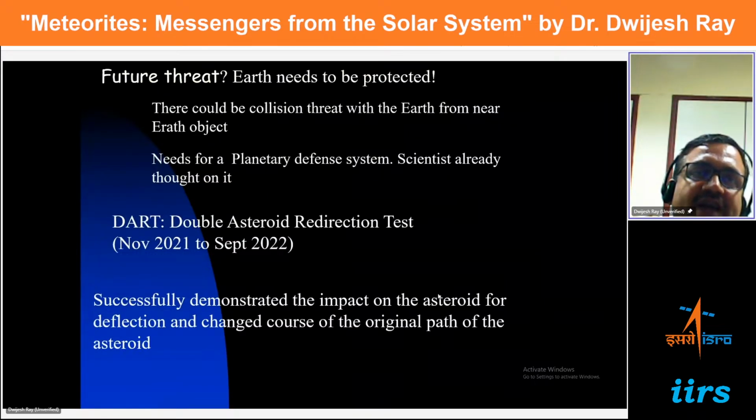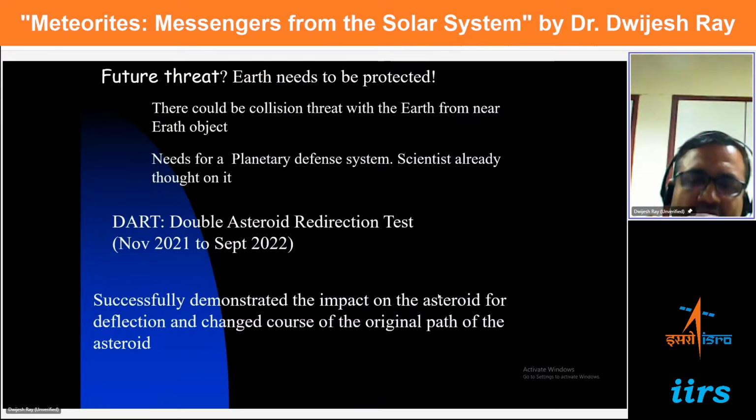So I will end with the future threat, but you don't need to worry, because it may not happen. There could be a possibility of collision of Earth with another asteroid, but space agencies have already thought about that. They have already carried out an experiment called DART, the Double Asteroid Redirection Test, in 2021 and 2022.